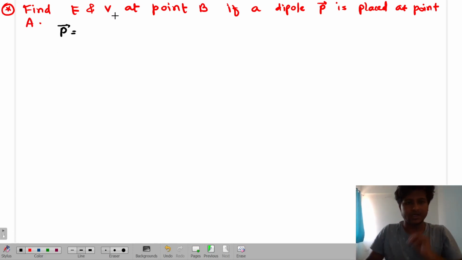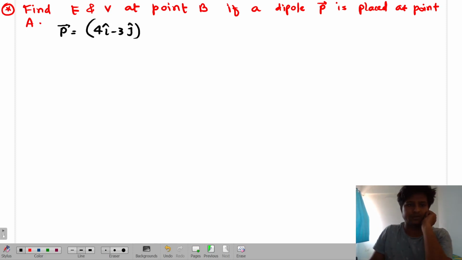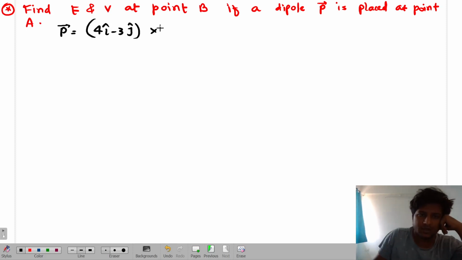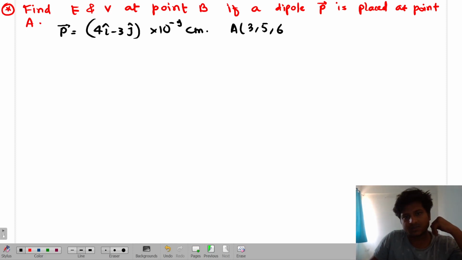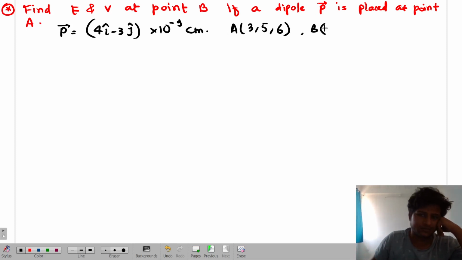It is 4i cap minus 3j cap into 10 to the power of minus 9 centimeter. Okay. And point A is given. A coordinate is 3 comma 5 comma 6, and B coordinate is also given, 5 comma 3 comma 7.